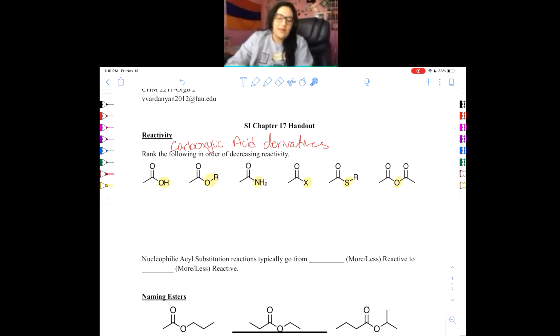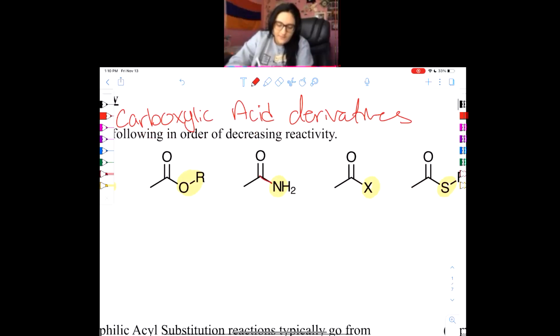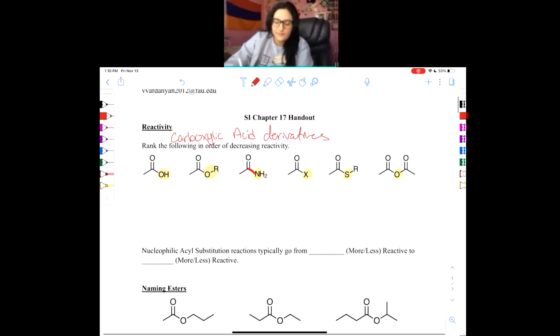And we know that nitrogen is going to be less reactive than oxygen. We've talked about this concept a couple times, and we know that nitrogen will be better at donating its electrons. Therefore, this bond right here will be super strong. So that's going to be the least reactive, and that is still true.